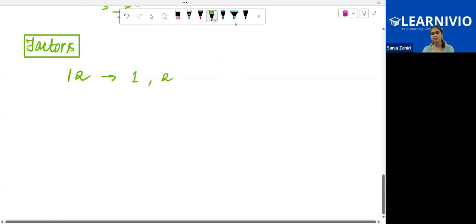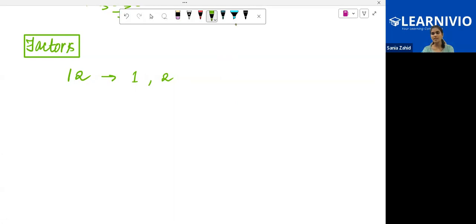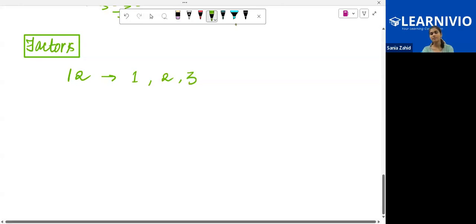Yes, 12 can be divided by 2, because on dividing 12 by 2 you'll get 6 and the remainder will be 0 again. By 3, yes, you can. 4, yes, you can. What about 5? No, you can't.